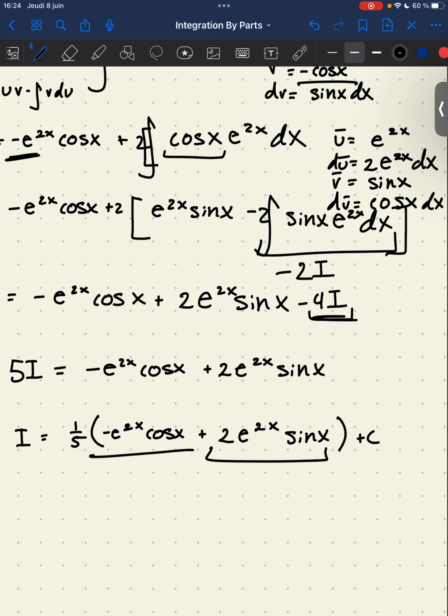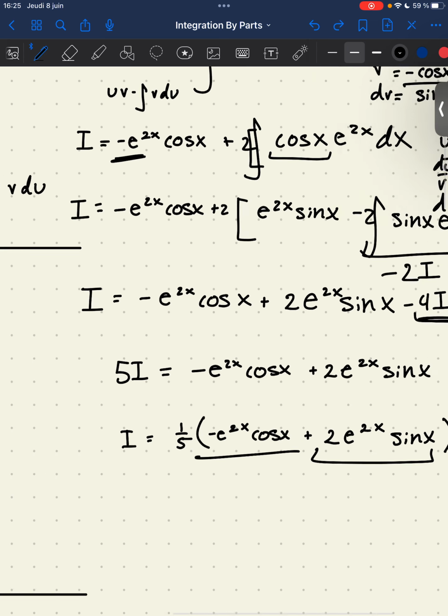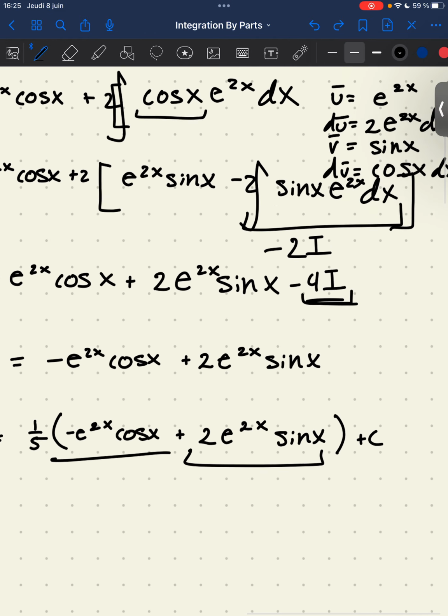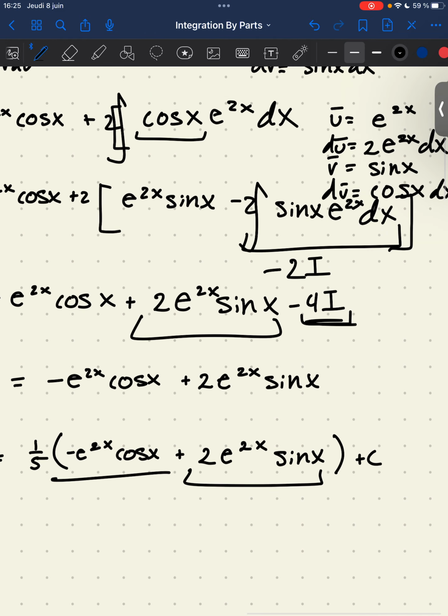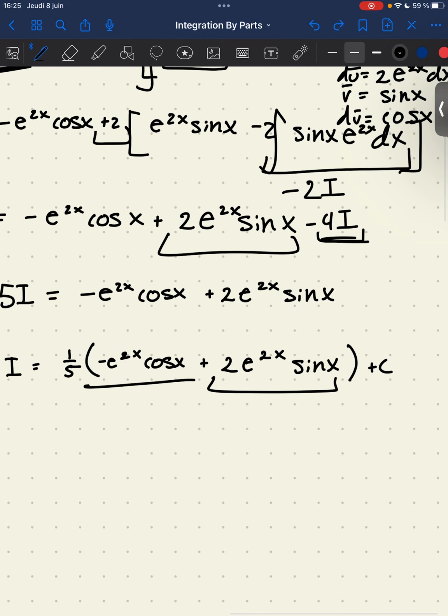So we have a negative on this side, so we travel it to the other side by adding 4 to both sides, which cancels the negative 4 here and creates a 5 over here, so that's correct. And this one doesn't have to change because this one is a positive and it's positive here as well. A positive and a positive gives you a positive.